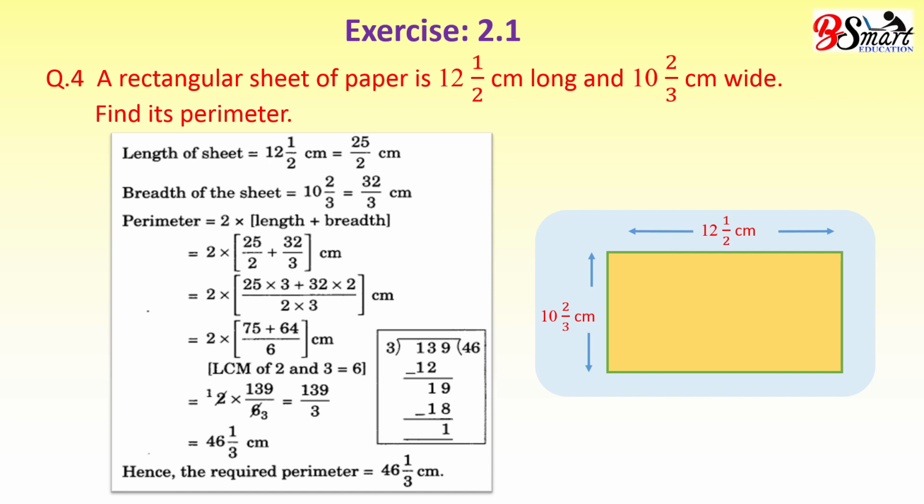So we get 2 multiply into bracket 75 plus 64 upon 6, LCM of 2 and 3 is equal to 6. Solving, we get 2 multiply 75 plus 64, which is 139 by 6. That is 139 by 3. Hence, the required perimeter is equal to 46 integer 1 by 3 centimeter.